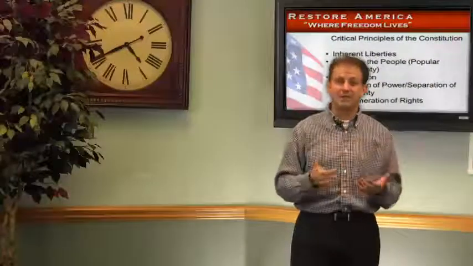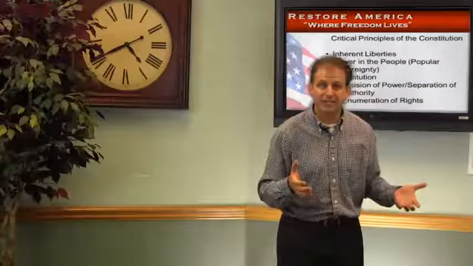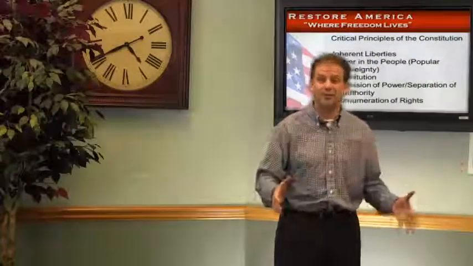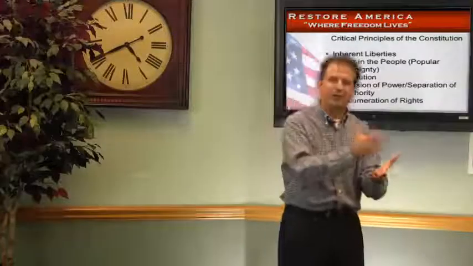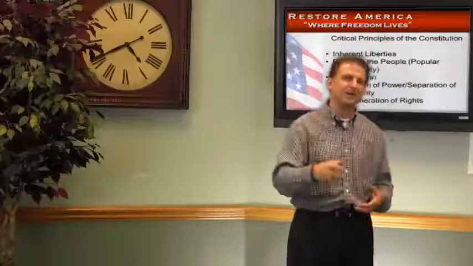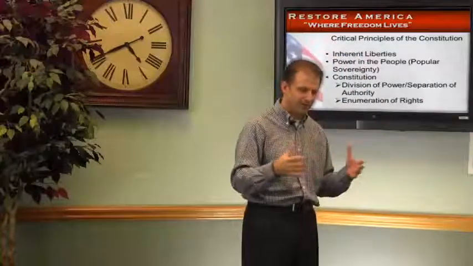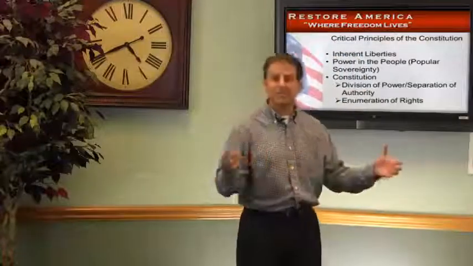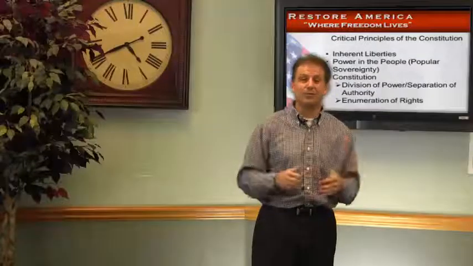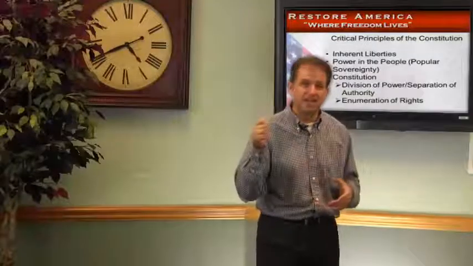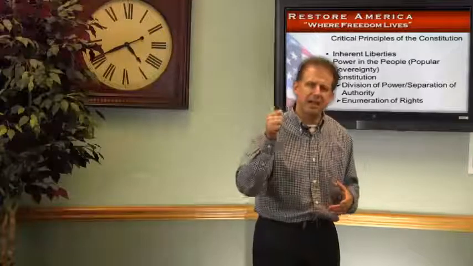And of course, James Madison and George Washington were very concerned. They just spent 4 months together putting together this document, and now they go for the final vote, and George Mason and Edmund Randolph, at least two of the individuals that were there, are concerned. They said, we're not going to put our hand to this Constitution unless it has an enumeration of rights, that is a Bill of Rights.